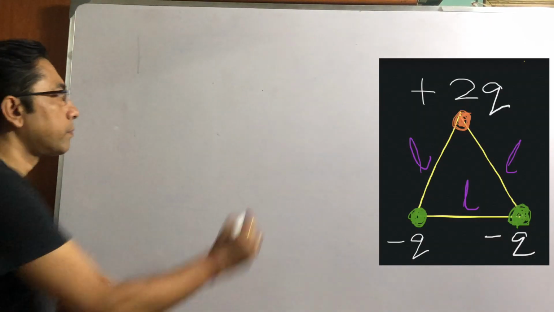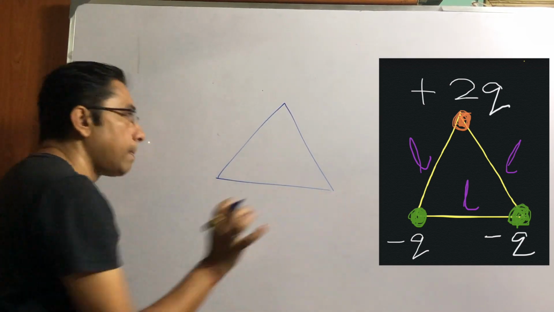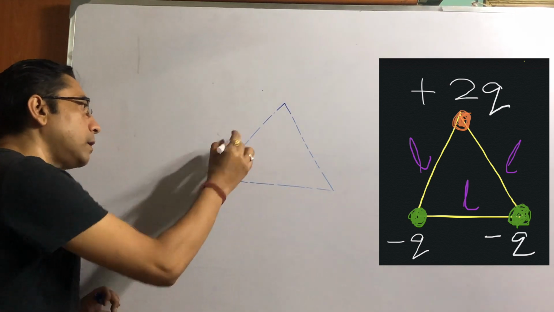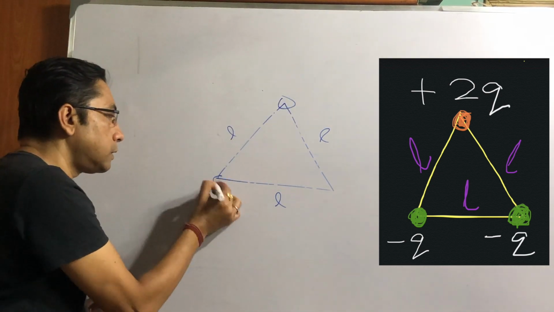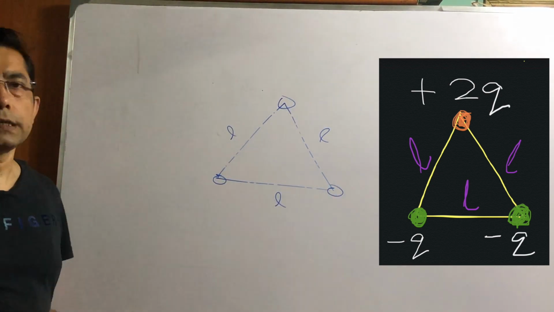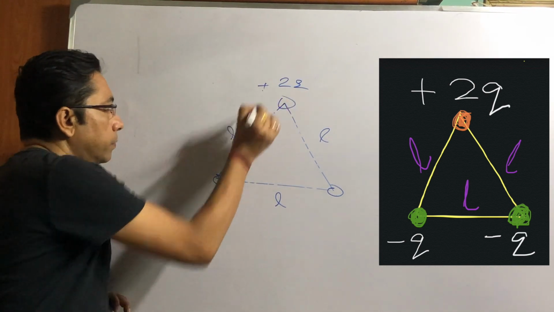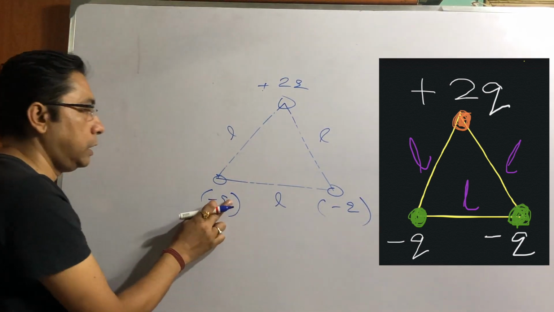Practice one thing. Equilateral triangle. These are distances only. L, L, and L. Three charges are placed at the three vertices. One has 2q positive, one negative q. This is also negative q.